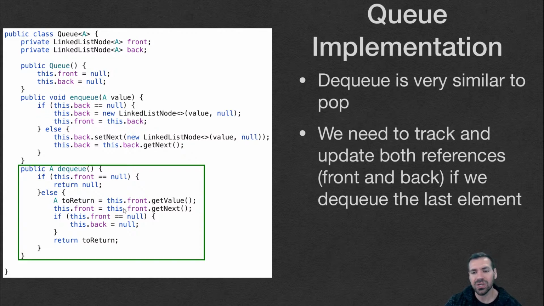There's just one extra check we have to do with a queue, which is to check if the front is null. If front was not null, and we removed the front and now it is null, that means we just dequeued the last node, the last element from this queue, which means we need to update back as well to null, because back is still a reference to that node that was just removed. So we want to make sure we update back to also be null.